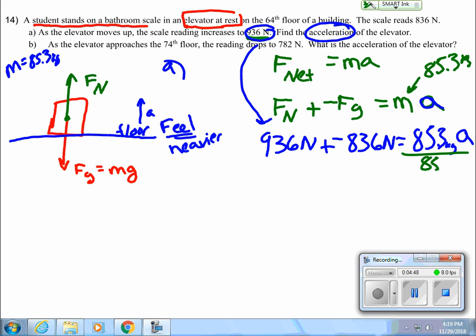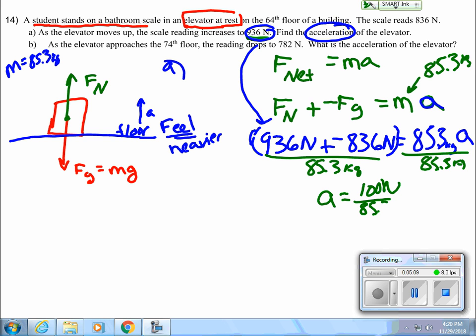Divide by 85.3 kilograms on both sides. Plug into your calculator correctly, and you should get a is equal to 100 newtons divided by 85.3 kilograms, 1.17 meters per second squared, going up.